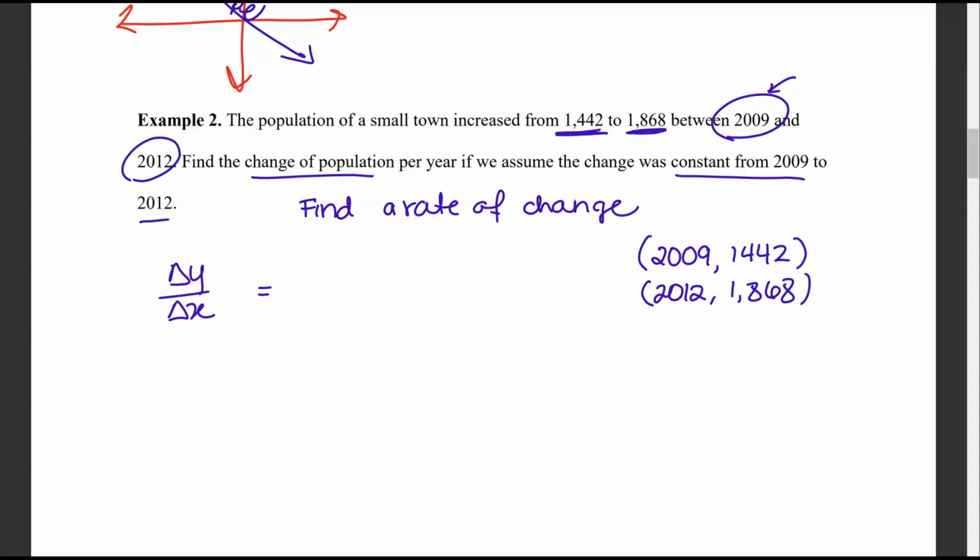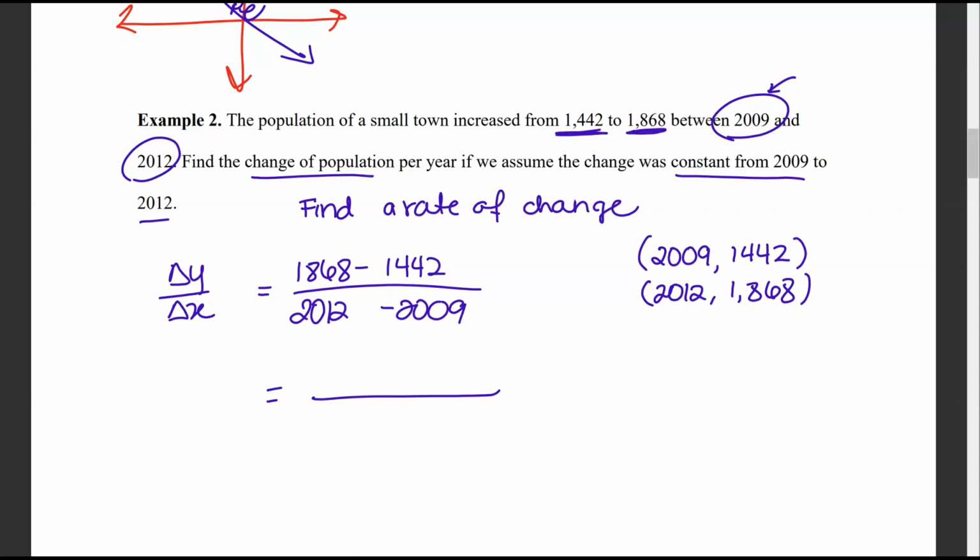So we're going to subtract the populations, 1,868 minus 1,442, all over 2009. Oops, I wrote this backwards. 2012, sorry, minus 2009. All right, so let's go ahead and do the subtraction.